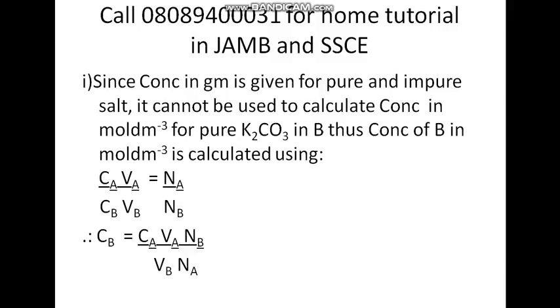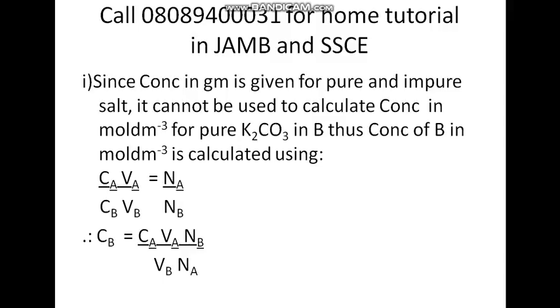Concentration of B in mole per dm cube is represented by Cb. To calculate Cb, we make Cb the subject of the formula, and we have on the tutorial board Cb equal to Ca multiplied by Va multiplied by Nb divided by Vb multiplied by Na.